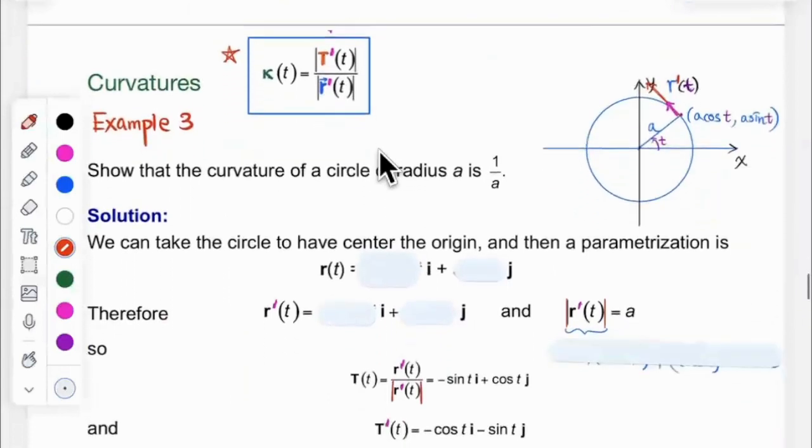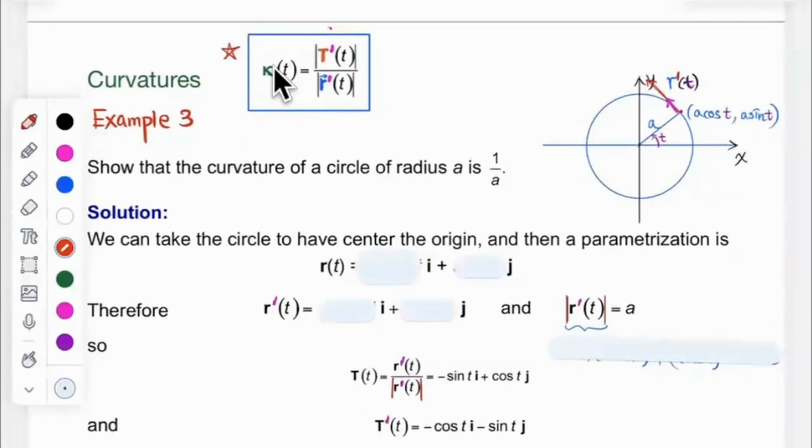Now let's try to get a little bit more comfortable with curvature by looking at this example. In this example, we try to show that the curvature of a circle of radius a is 1 over a. So here is a circle and the radius is a, and we try to show that the curvature is equal to 1 over a.